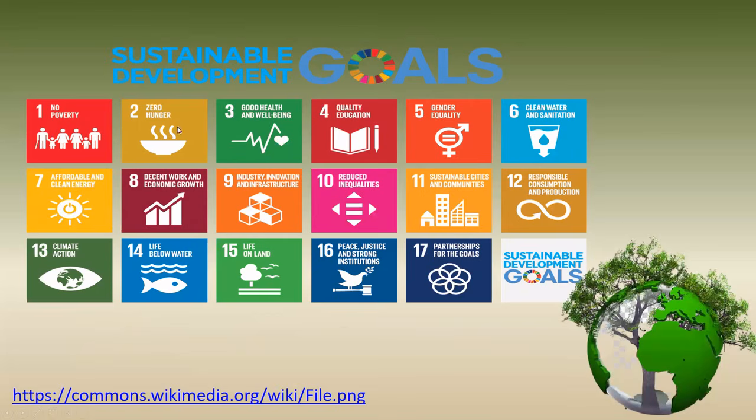The first is no poverty, second zero hunger, third good health and well-being, fourth quality education, fifth gender equality, sixth clean water and sanitation, seventh affordable and clean energy, eighth decent work and economic growth, ninth industry, innovation and infrastructure, tenth reduced inequalities, eleventh sustainable cities and communities, twelfth responsible consumption and production, thirteenth climate action, fourteenth life below water, fifteenth life on land, sixteenth peace, justice, and strong institutions, and seventeenth partnerships for the goals. All these 17 goals we can consider as the Sustainable Development Goals.